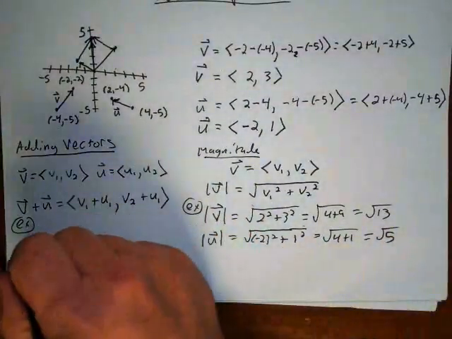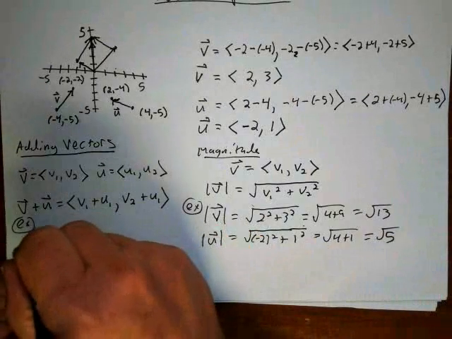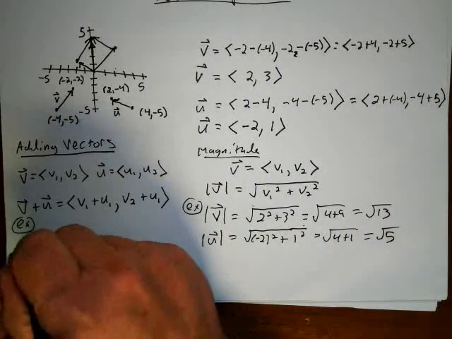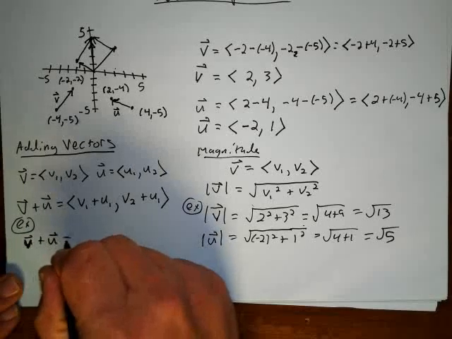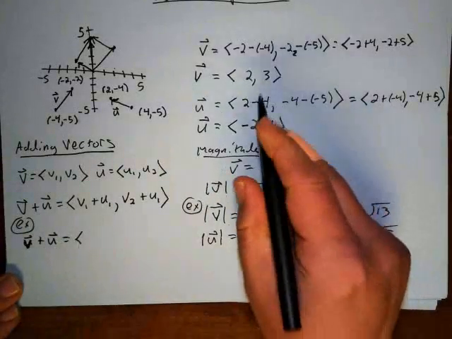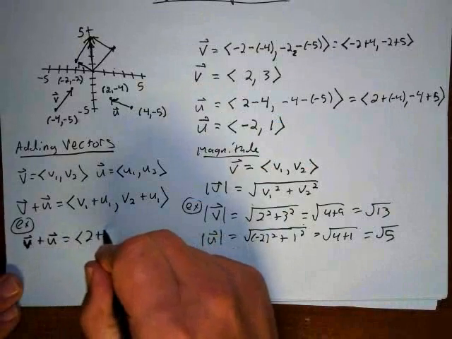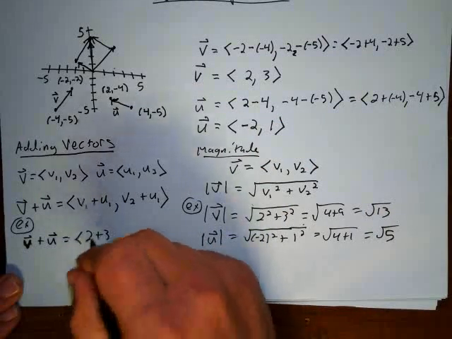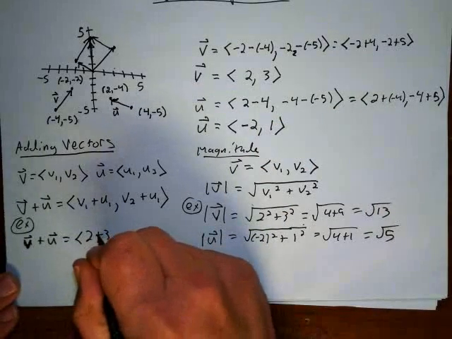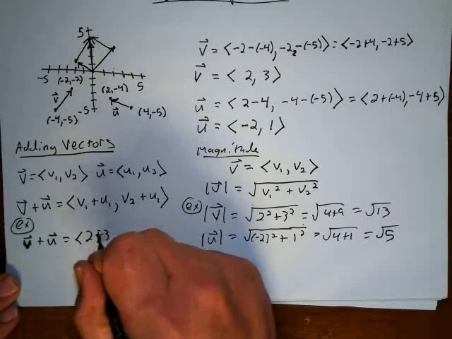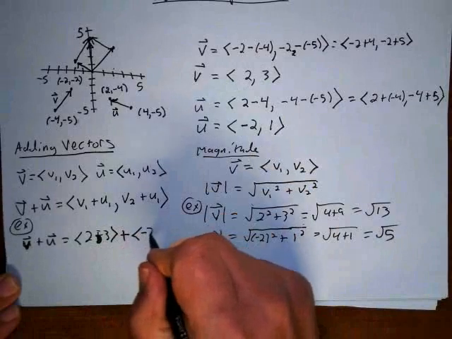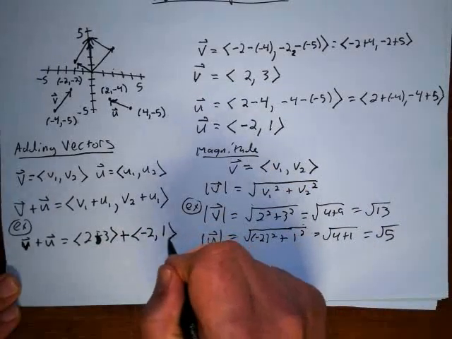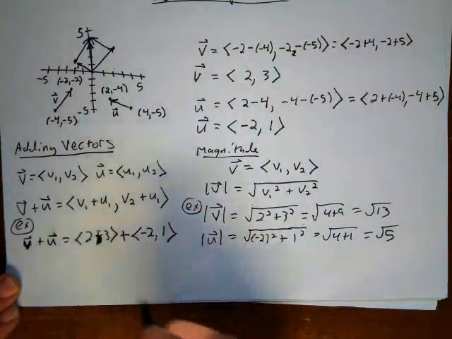So the example I have here is v plus u, which is just going to be equal to 2, 3. This shouldn't be plus. 2, 3 plus the u, which is negative 2, 1. Okay, so that should be 2, 3 there.